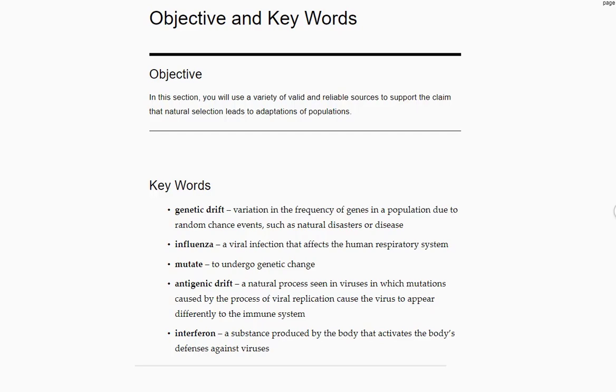So when a mutation happens in a virus through the same mechanisms that we've talked about already, that mutation is going to be passed on to the billion viruses that come as a result of that virus taking over a cell and replicating itself. So mutations happen very fast and very rapidly in viruses.